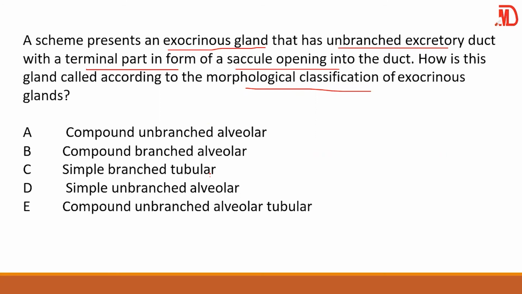But over here, according to Krok, this one is what? Unbranched. Sorry, it's a simple unbranched alveoli.